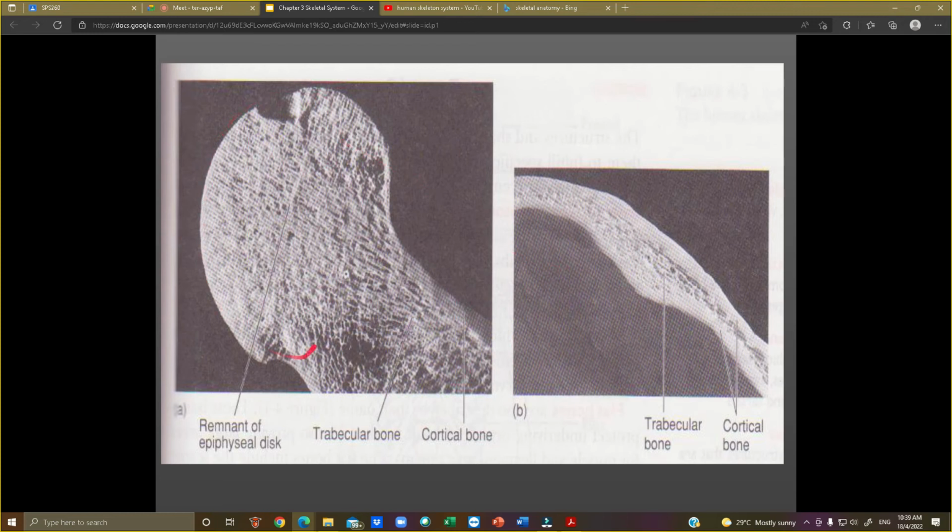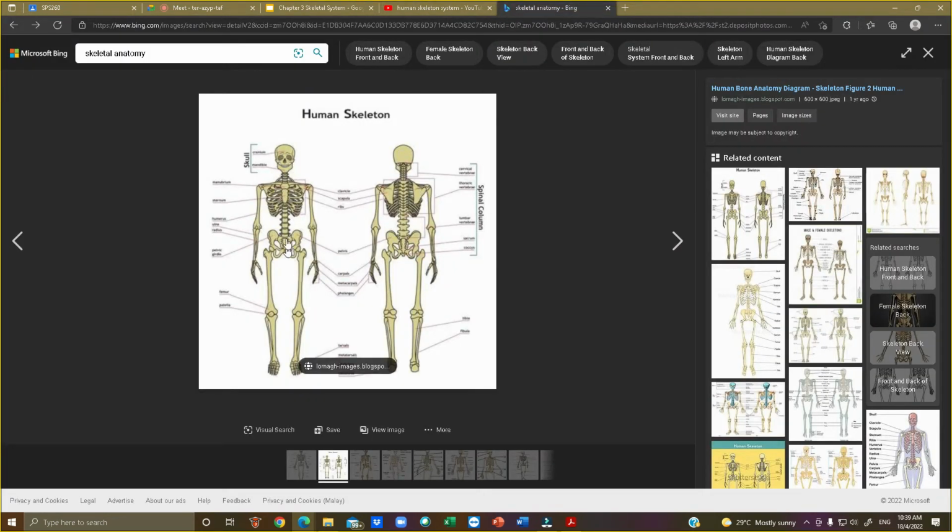This one is more towards long bone, bone panjang. Contoh macam ni. Ni bone panjang, okay? We have humerus, we have radius ulna, we have femur, we have tibia, fibula. Okay, 1, 2, 3, 4, 5, 6.